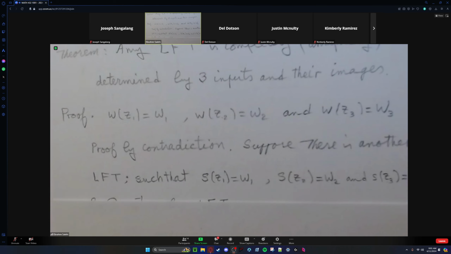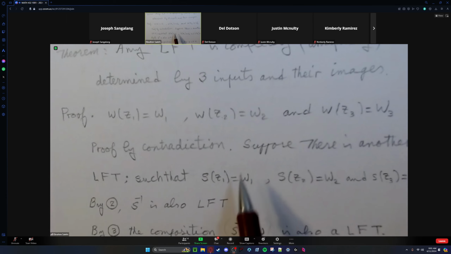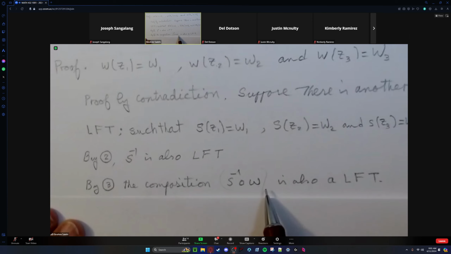That was observation number 3. The composition of 2 Mobius functions is, oh, that was observation number 2. This one is observation number 3. So if I consider the inverse of S and compose it with W, this is again a linear fractional transformation.